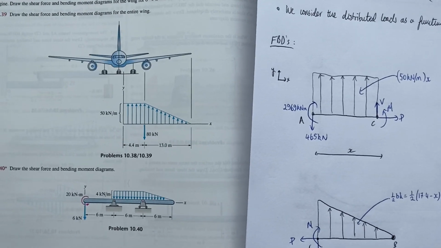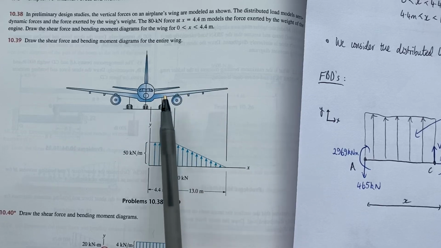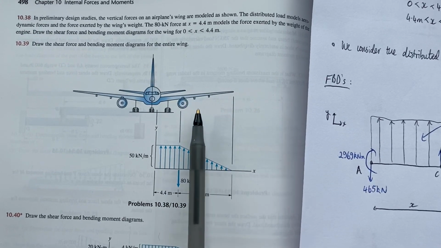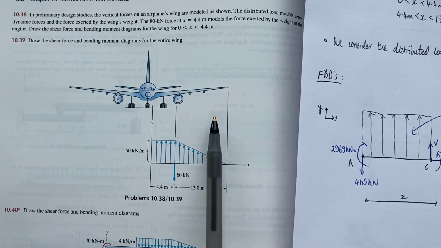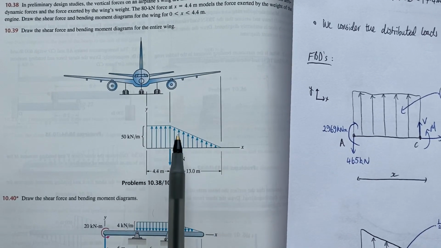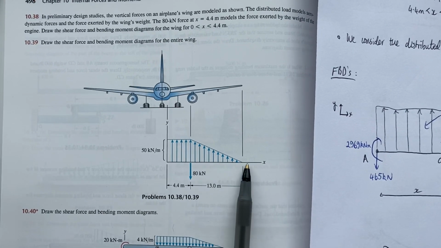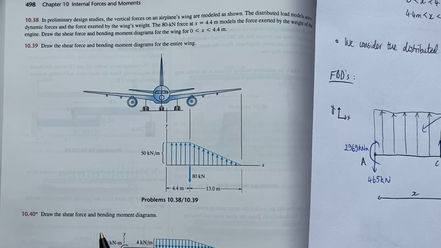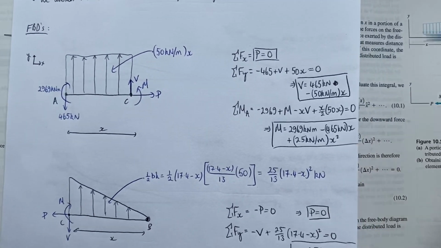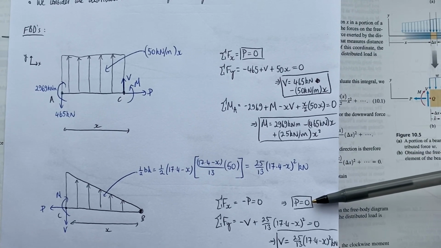So just a bit of an aside here, in reality if we have dihedral like the picture shows, then we're going to have some axial force, right? Because we're going to have components of this distributed load acting in this direction, but the way that the question simplifies it, we just have a perfectly horizontal wing with a distributed load and a weight vector. So that should be fairly intuitive to us that we don't have any axial forces in the wing.